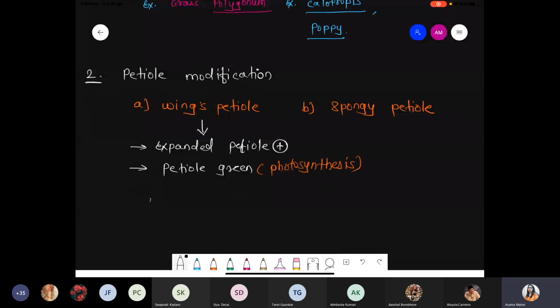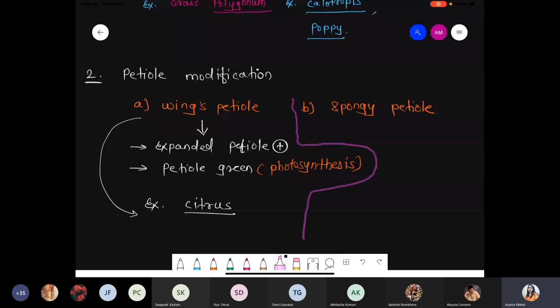We had seen wings in Pinus, where the winged seed is diploid in stage, and the winged pollen is haploid in nature. Here we are talking about the winged petiole, which is a leaf modification, and such expansion of the winged petiole is present in citrus.